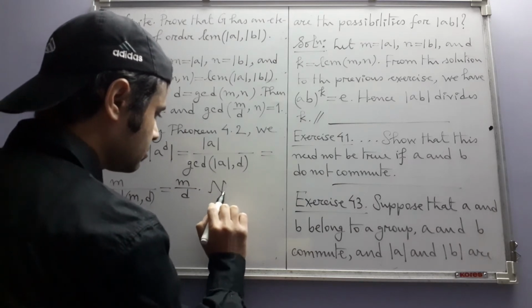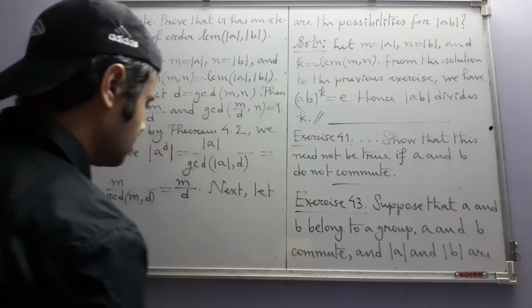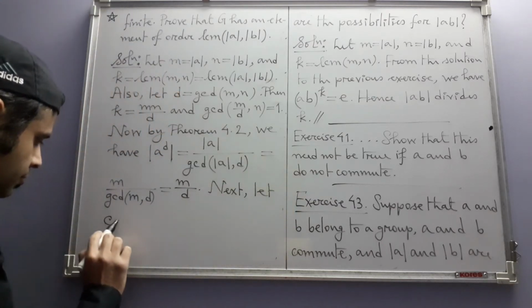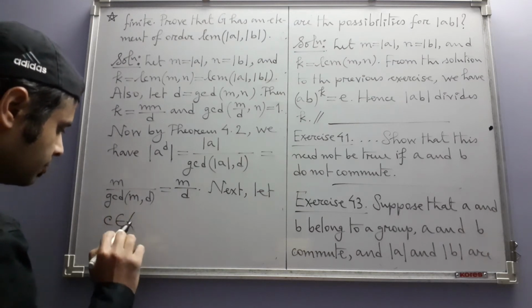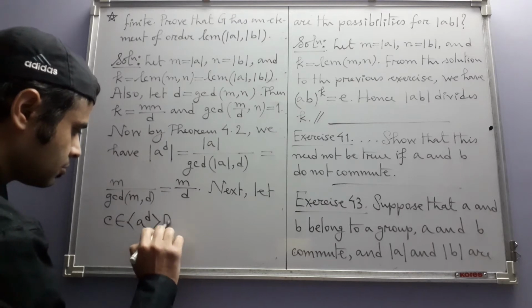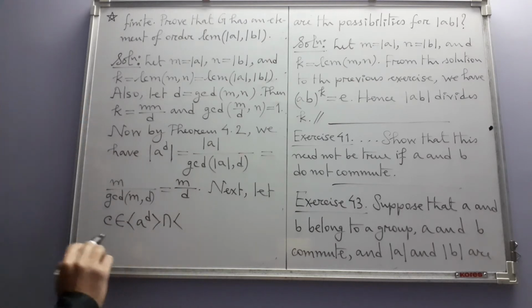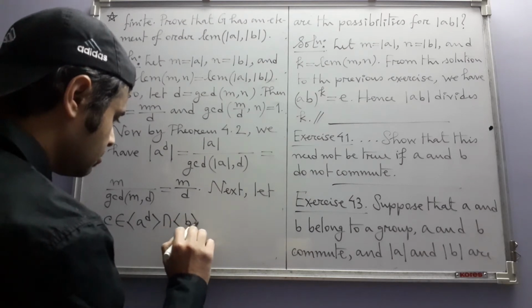Next, let C be an element common to these two cyclic groups, the one generated by a to the power d and the one generated by b.